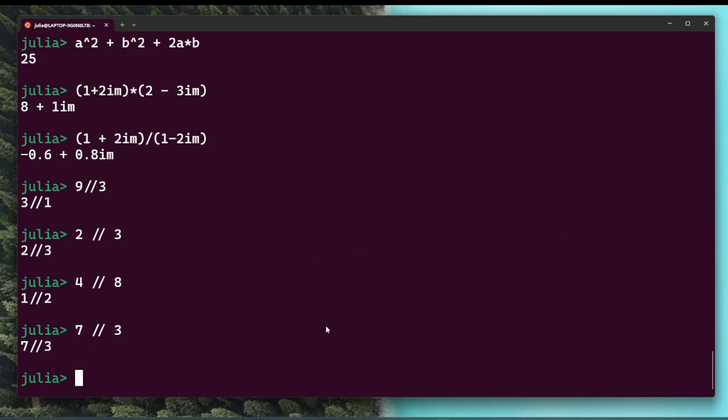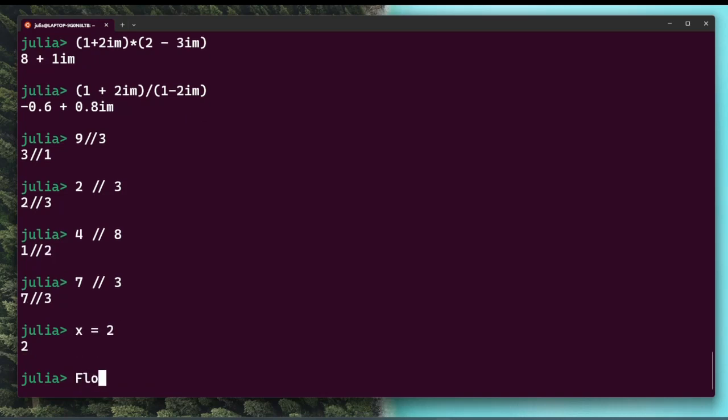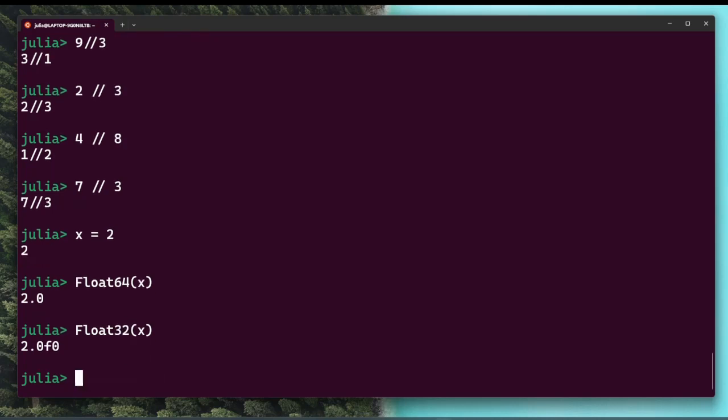Now we can also convert number to integer, to float, float to integer. It is as simple as, for example, when I write 4, this would result in a float value. There is also Float32. It gives us 2.0 because of the 32 bit we are trying.